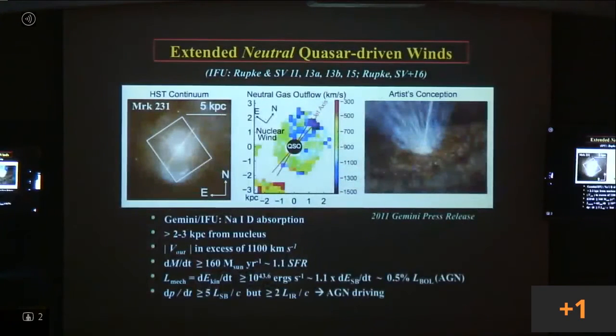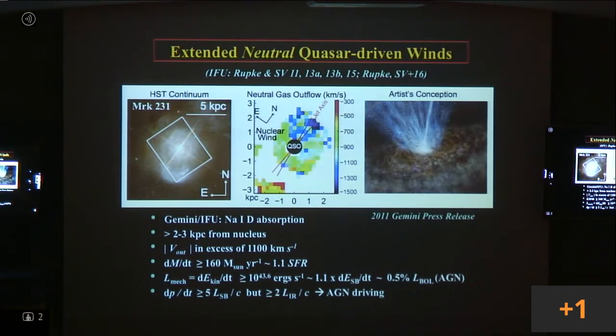So in the last few years, my group and many others, which I didn't list here, have been using IFUs to study these objects, again using the sodium in absorption. This was the first paper we published, Markarian 231 again. So this is the footprint of the IFU, and this is the velocity field that we derive in this footprint.